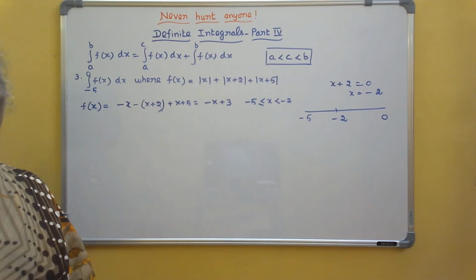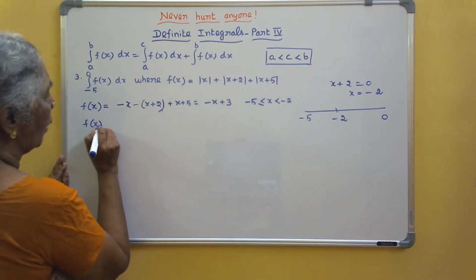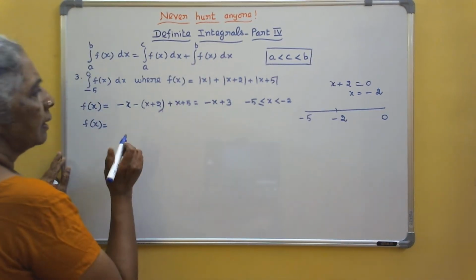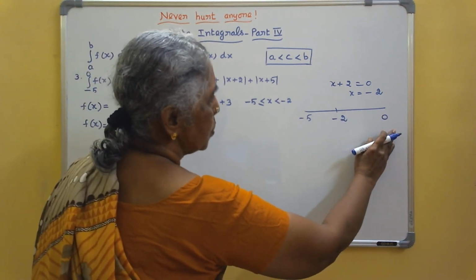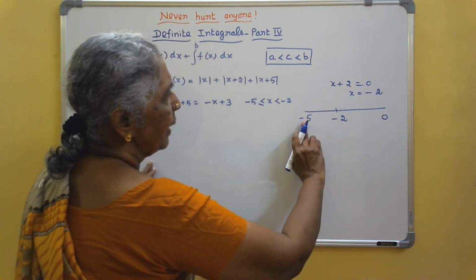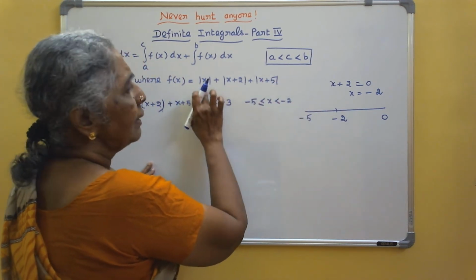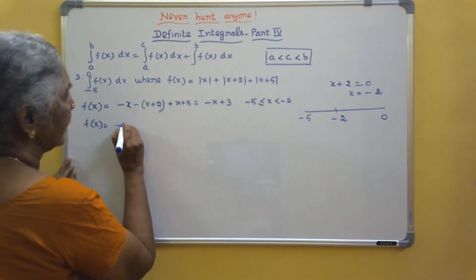Okay. Then, when I come to the next interval, that will be greater than minus 2. Okay. That means it will be greater than minus 5. So, these two will be positive. But this will be negative. So, you can write here minus x.